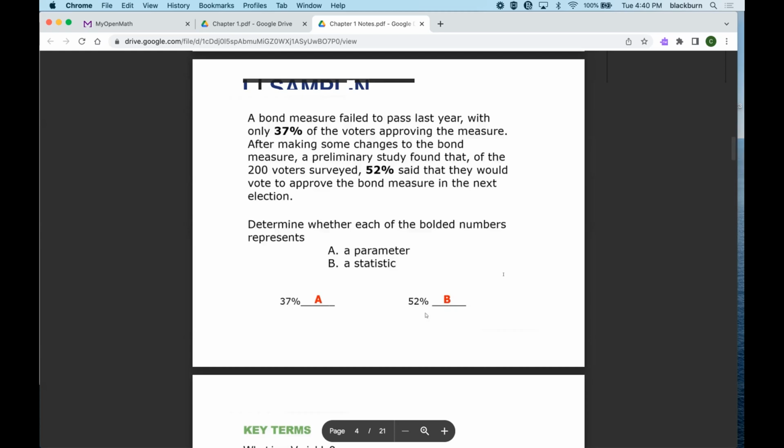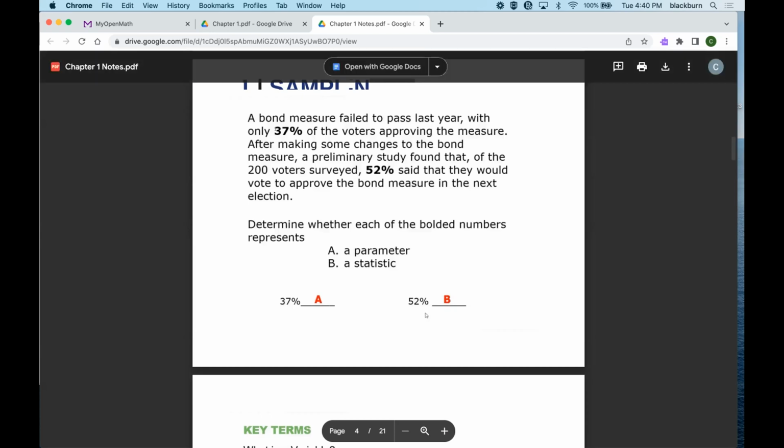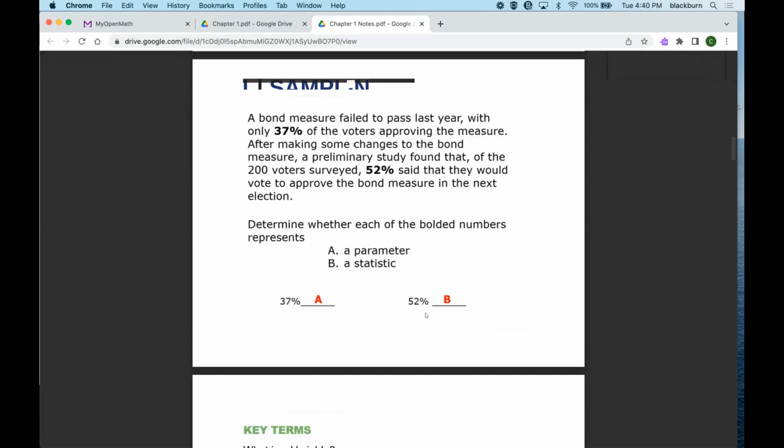Which one's the statistic? Well, the parameter is going to be the 37% who voted and approved it. That's the population. And then the statistic is the 52% of the 200 voters surveyed. So the 200 voters surveyed was a sample. The population would be everyone that votes.